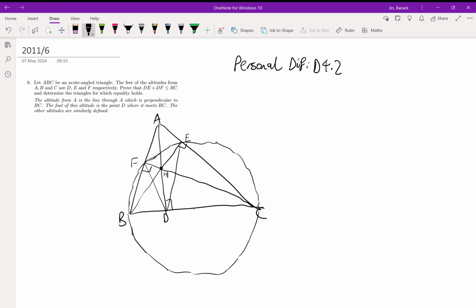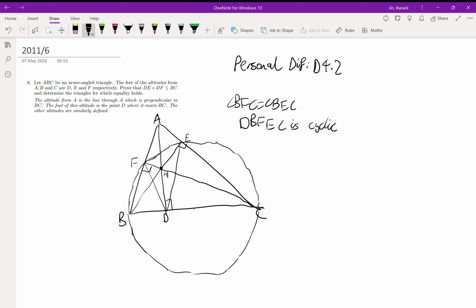So, first of all, angle BFC equals angle BEC. So by angles in the same segment, BFEC is cyclic. Now I've already drawn in this circle, like that.